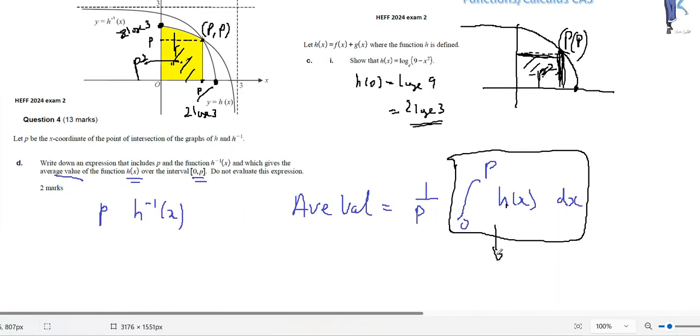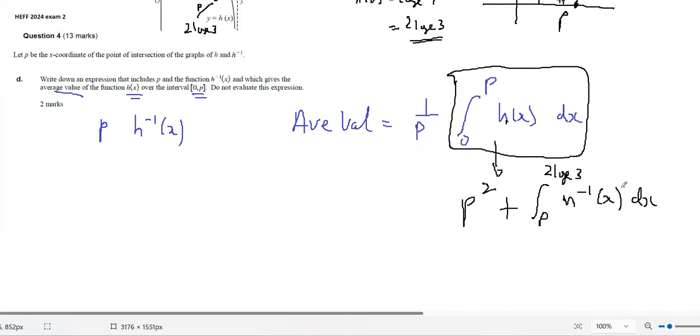We've got P squared. So what I'd like to do instead is to write this as being instead P squared, which is this, plus the integral from P, so from here, to 2 log by c of 3 of H inverse of X dx, and that's going to represent the same as that yellow region.